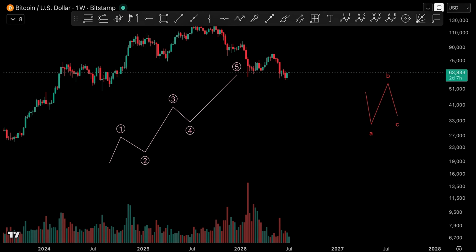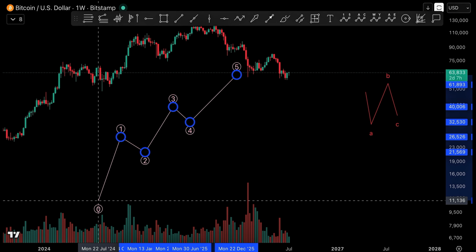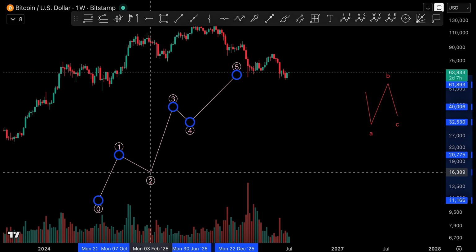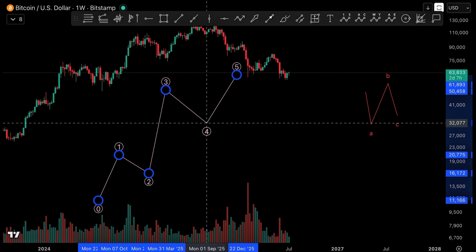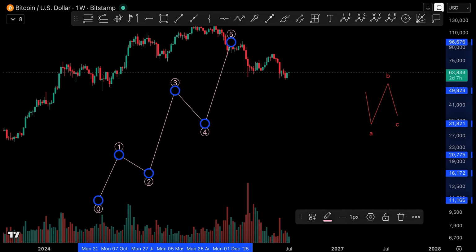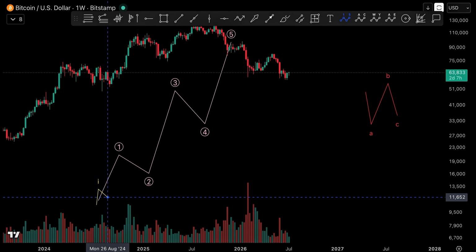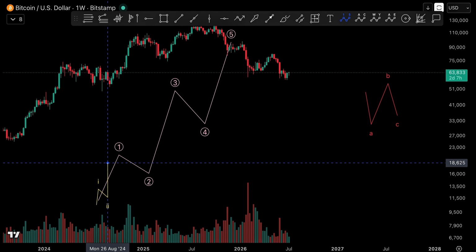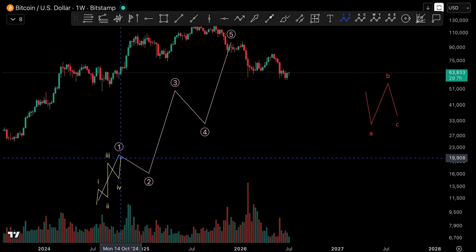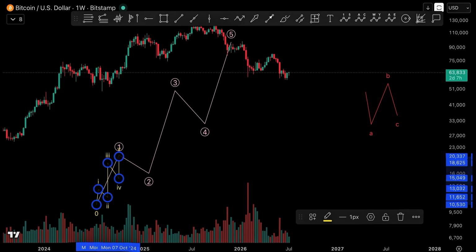So I'm going to draw a different one. Let's use a proper impulsive move. Okay, this is that impulsive move. Now we have to use an impulsive wave. So this is that impulsive wave. Okay, 3 is larger, 4 and 5. We finish here, 5.